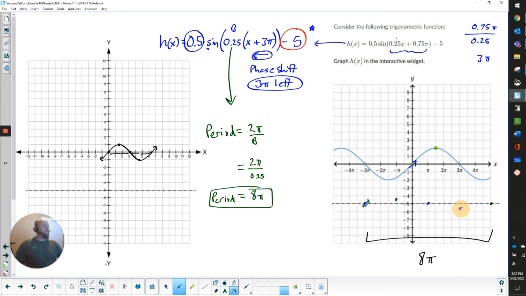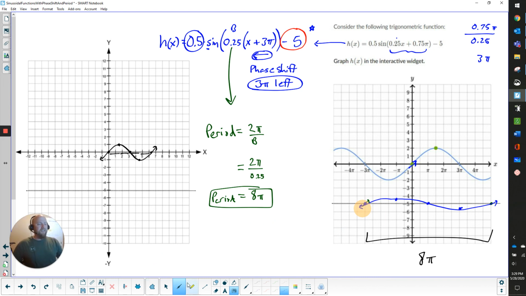I'll try to draw this in, but it's going to be, nope. I'll try again. Anyways, it'll look better on the interactive widget, but I hope that makes sense.